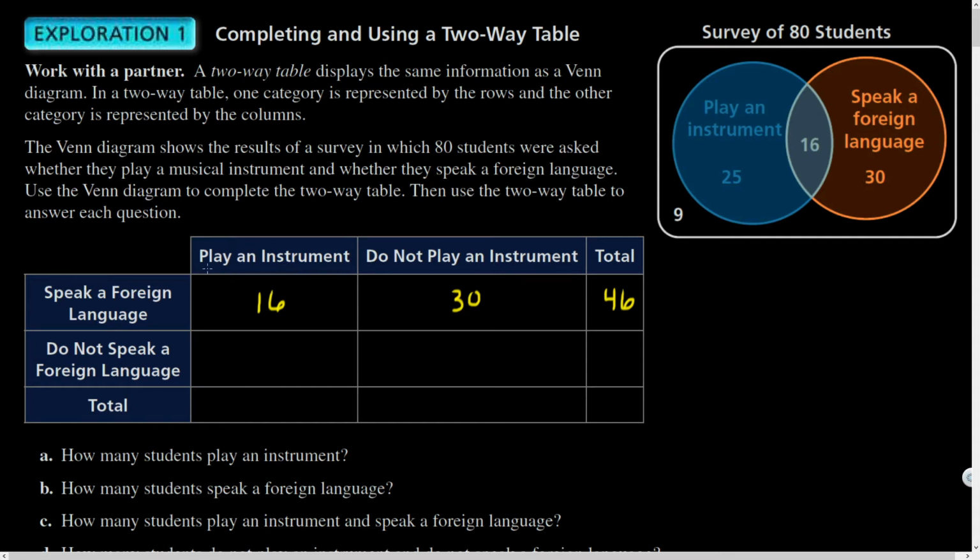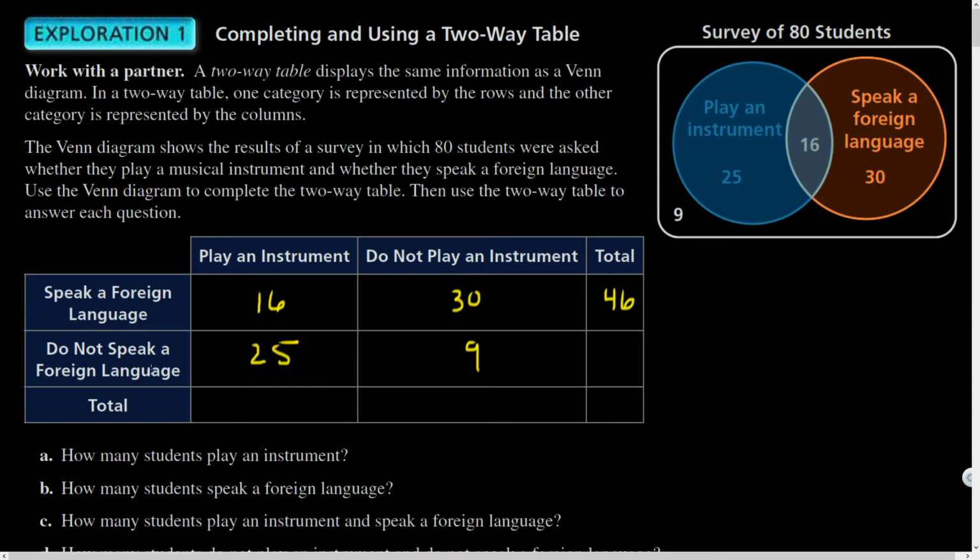Don't know why. So students who play an instrument and do not speak a foreign language are going to be these students right here, the 25 right there. Students who do not play an instrument and do not speak a foreign language, neither, who don't do any of those things would be outside both circles at the same time, and that would be the 9 students here.